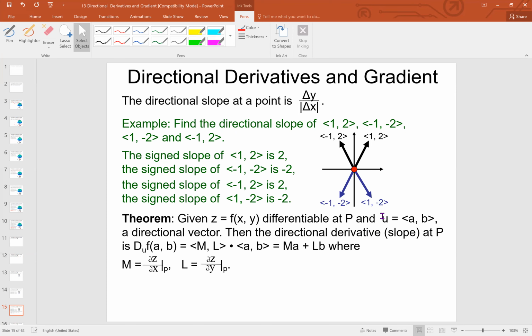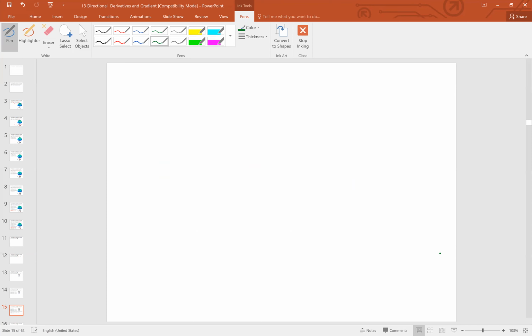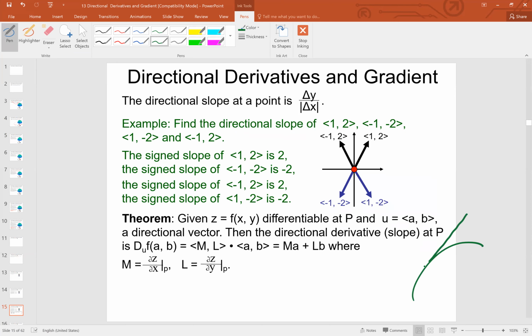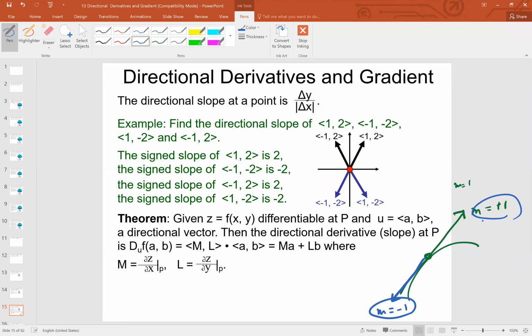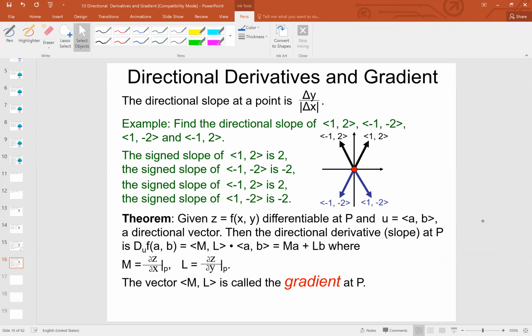So in other words, if traditionally I have a slope equal to, let's say, 1, then in the directional derivative the slope is positive 1 in that direction, but in the opposite direction, because you're going downward, the slope is minus 1. So this is a signed slope, and the directional derivative we calculate gives the signed slope. And how do we get that?